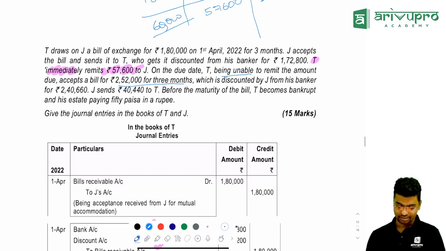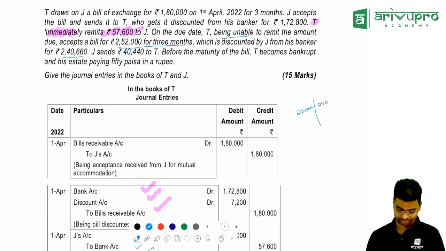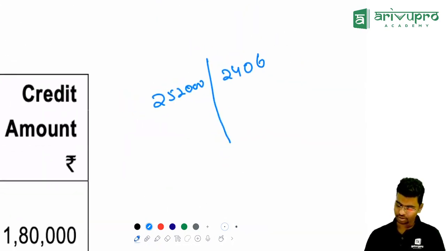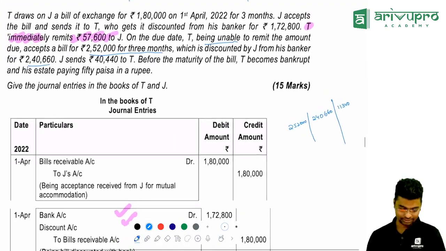Next one, which is discounted by J from his banker for 2,40,600. So 2,52,000. You got how much? 2,40,000. So what's the discount portion? 11,000. Now what are they telling?